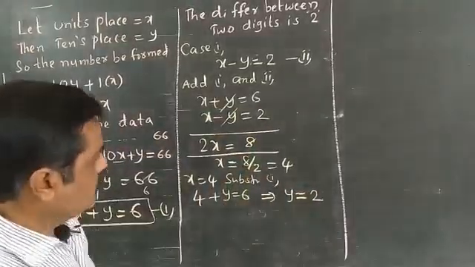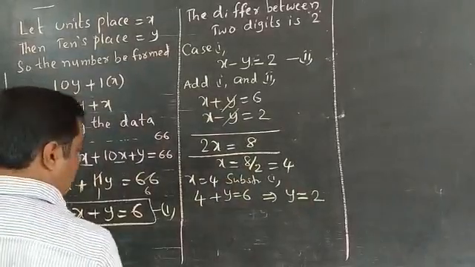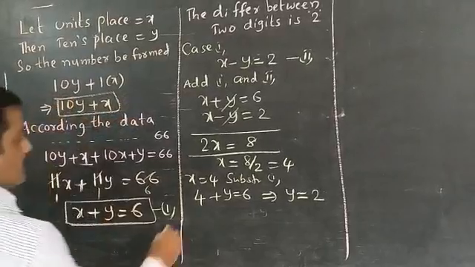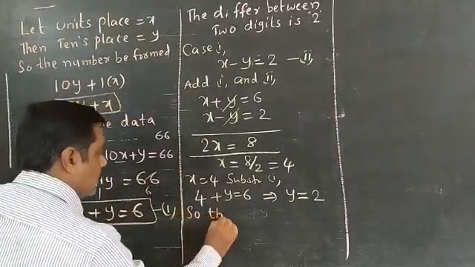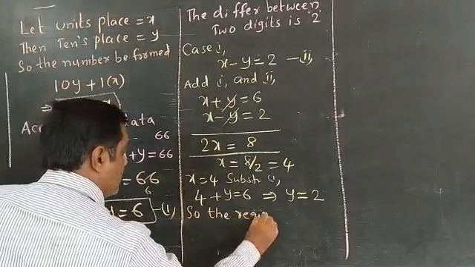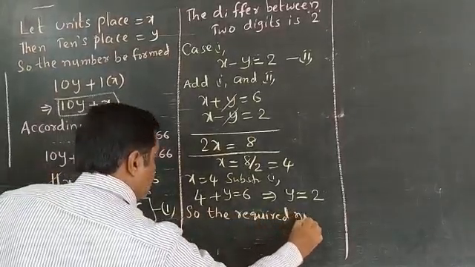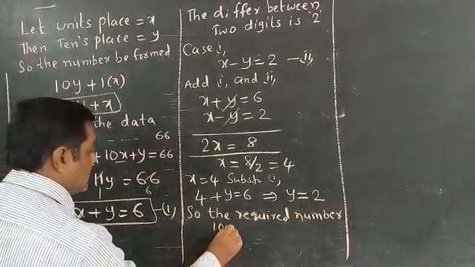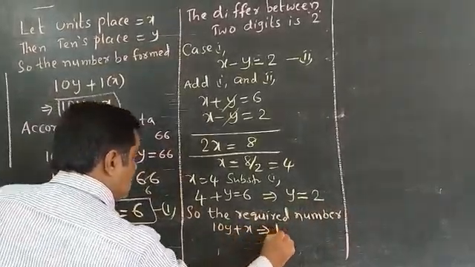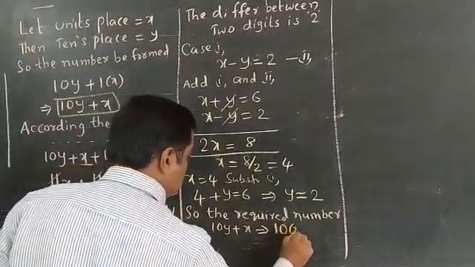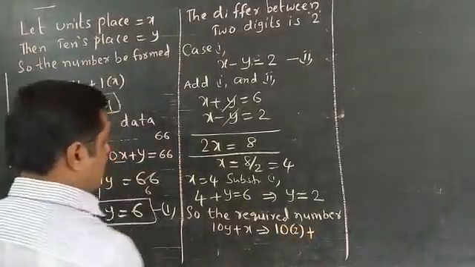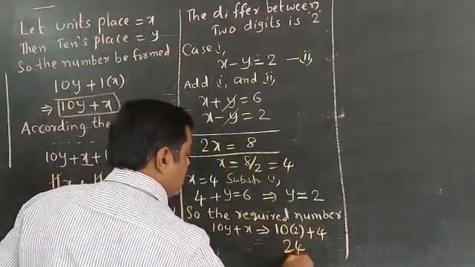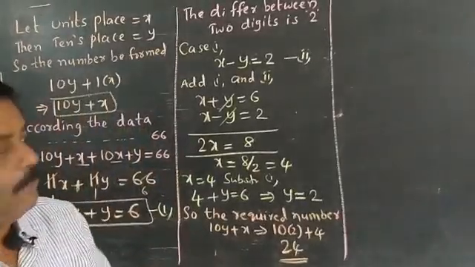So what is our original number? 10y plus x. At the place of y put 2 and at the place of x put 4. That is 10 twos, 20, plus 4. 24 is our required number.